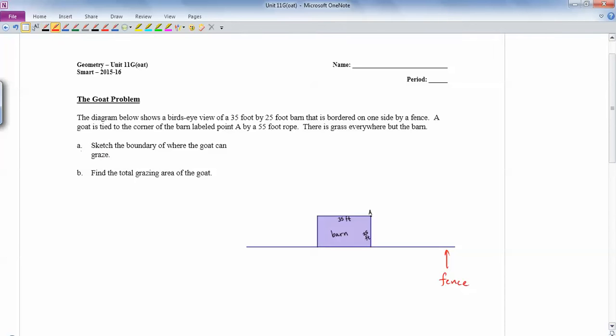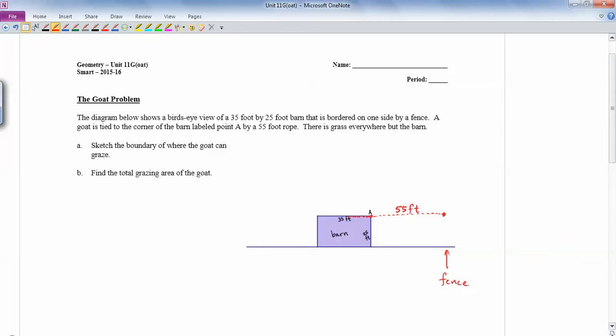So the first thing we want to do is sketch the boundary of where the goat can graze. So 55 feet of rope is what he has connected to point A. So if he were to go, say, 55 feet directly this way, so let's see, that's 35 feet, so a little bit longer than that. So he would be able to go that far, 55 feet.